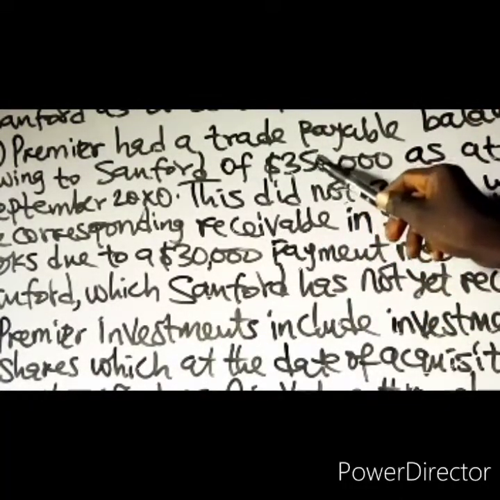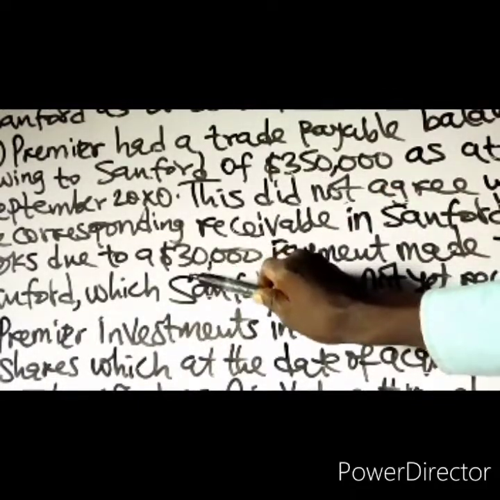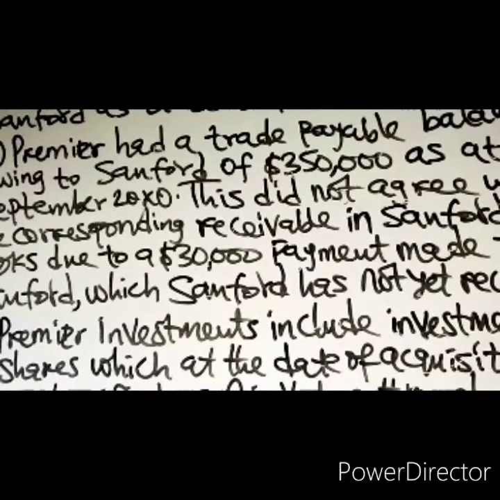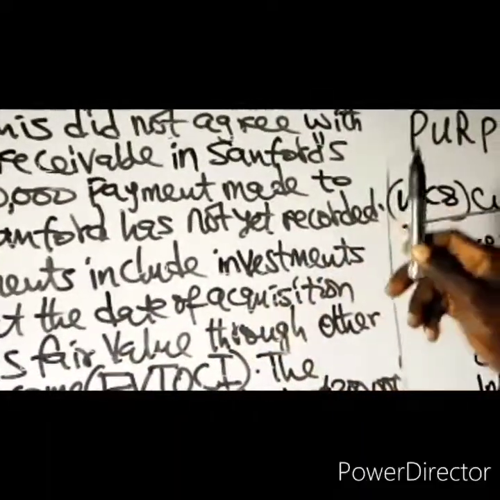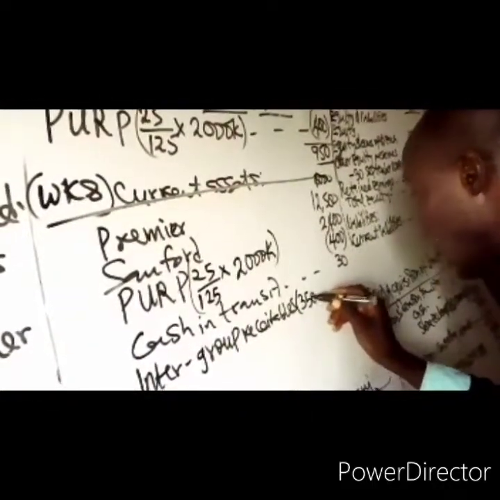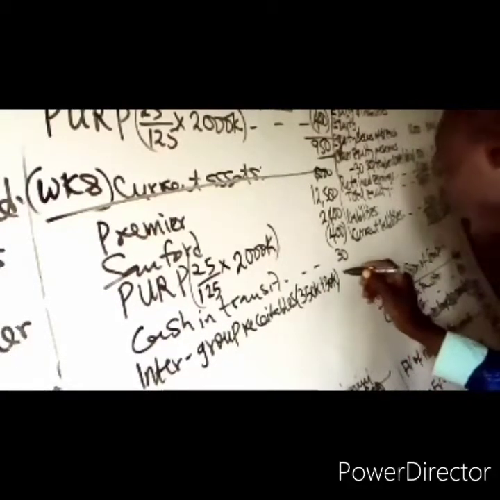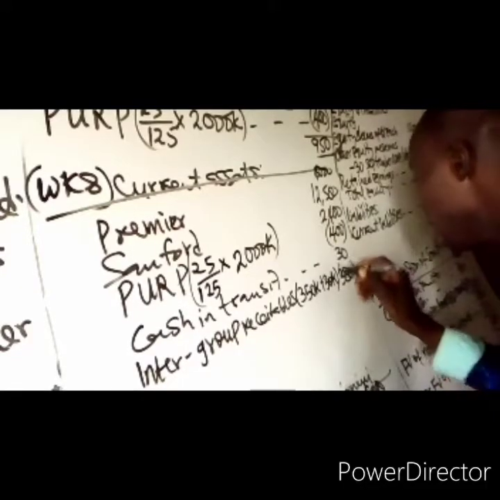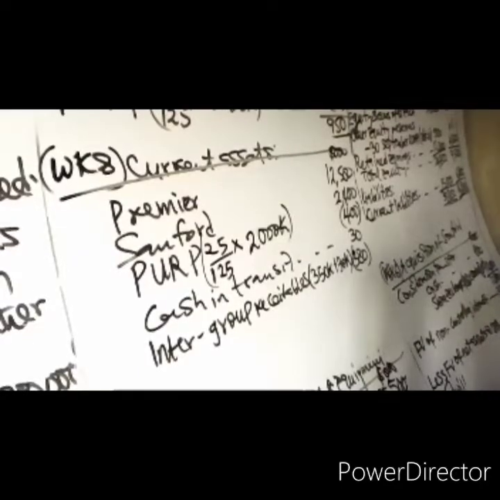This receivable had been reduced from $380,000 to $350,000 because $30,000 had been paid by Premier, a payment made to Sanford which Sanford has not yet recorded. So the intergroup receivable will be $350,000 plus the $30,000 which has been remitted, that is $380,000.